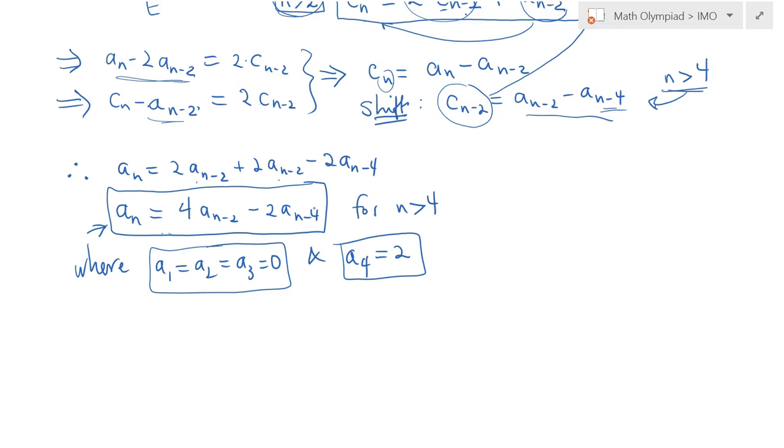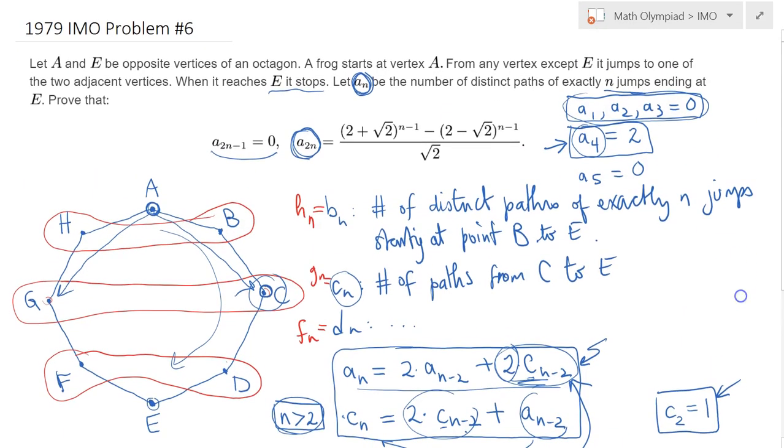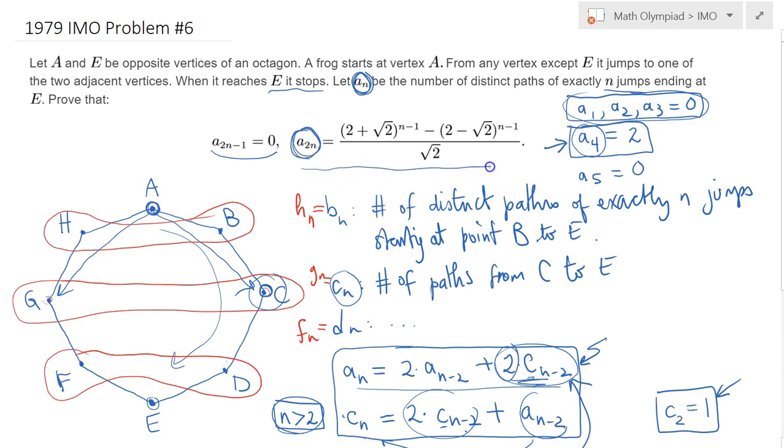So therefore the only thing remaining is to verify that indeed this solution a sub n, this really messy solution, is correct. It's kind of tempting to just replace these two with u and v, I would say, right, which we will do next, hopefully in a few minutes.